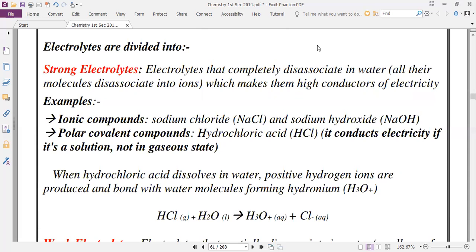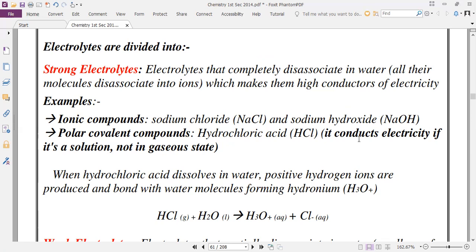Strong electrolytes completely dissociate in water, as all their molecules dissociate into ions, which makes them high conductors of electricity. It's called a strong electrolyte, as in ionic compounds like sodium chloride and sodium hydroxide, and polar covalent compounds like hydrochloric acid.